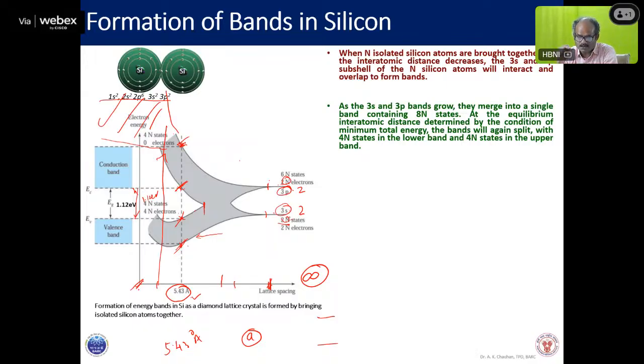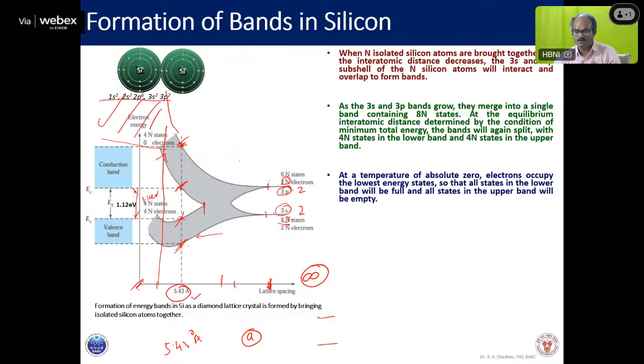The question which I asked in the first, second or third slide, why those are not conducting, now you will be able to answer. When they come together they form the band, and there may not be a band gap there, and therefore they may be able to conduct. So now let us continue on this only.